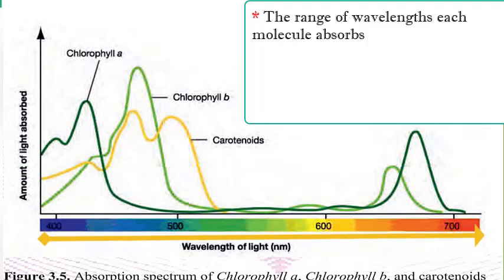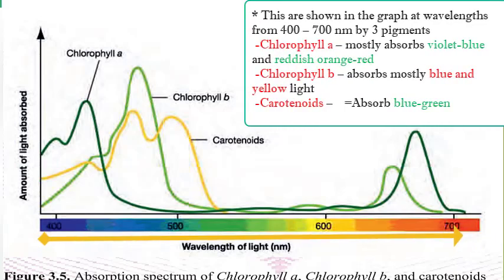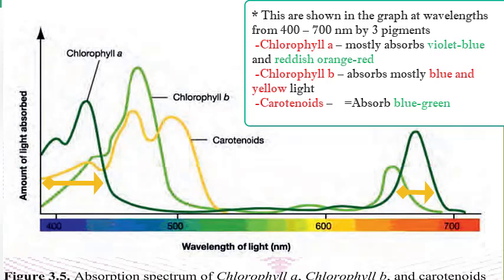These are shown in the graph at wavelengths from 400 to 700 nanometers for three pigments: chlorophyll A, chlorophyll B, and carotenoids. Chlorophyll A mostly absorbs violet to blue and reddish-orange to red colors. Chlorophyll B absorbs mostly blue and yellow light.